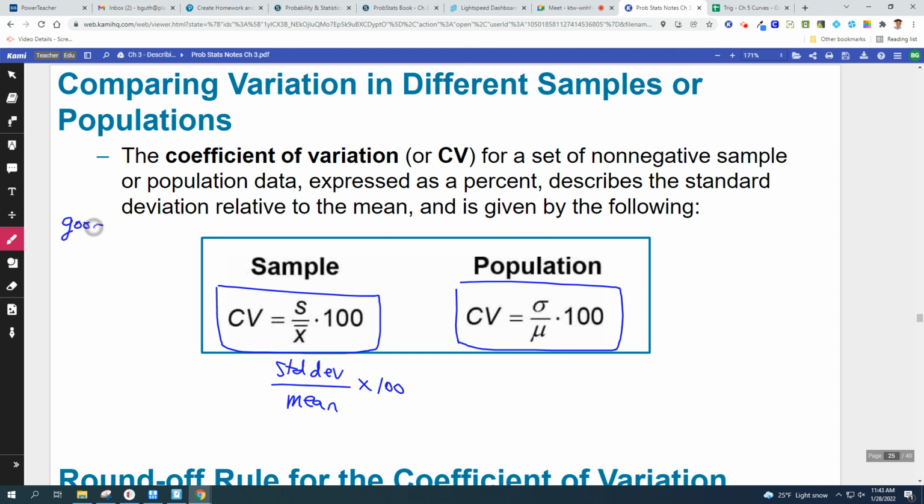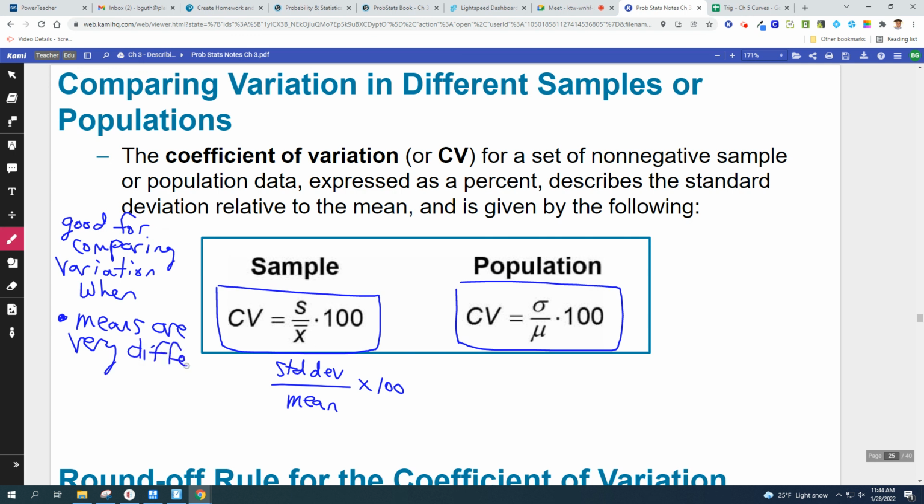So let's write that down. Good for comparing variation when means are very different, when units are different.